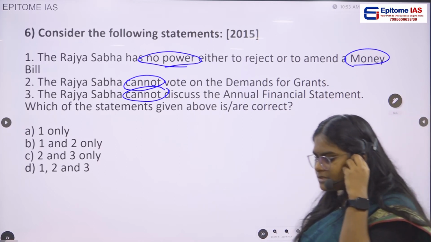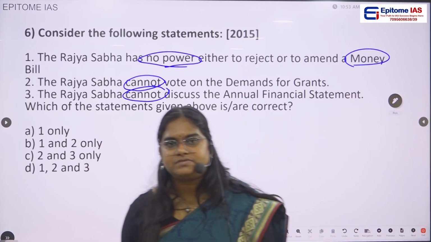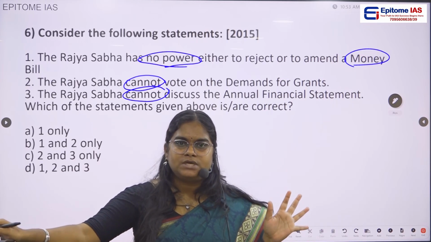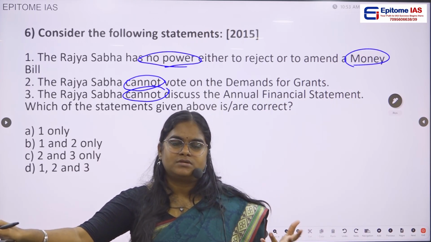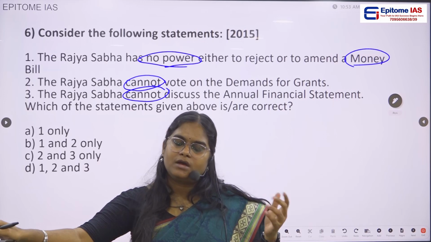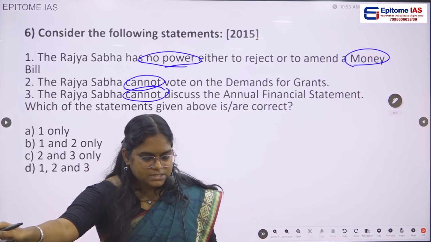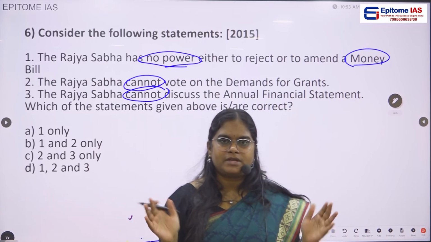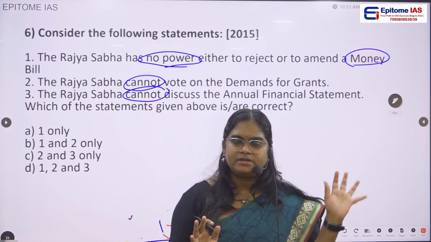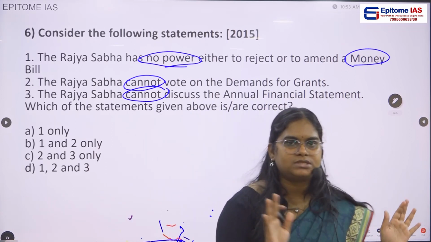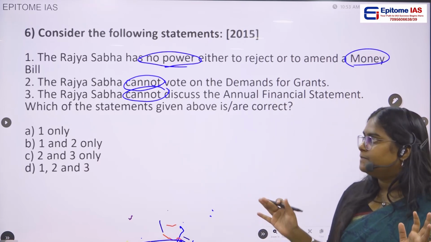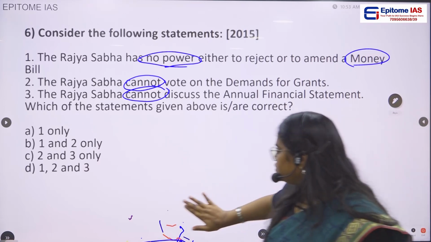So if you see here, in the last class we discussed that there are some special powers given to the Rajya Sabha and some other special powers given to the Lok Sabha also. In most cases, the powers of Lok Sabha and Rajya Sabha are the same. But apart from that, there are some special powers given to Rajya Sabha and Lok Sabha separately. So in this case, they are talking about the Rajya Sabha.